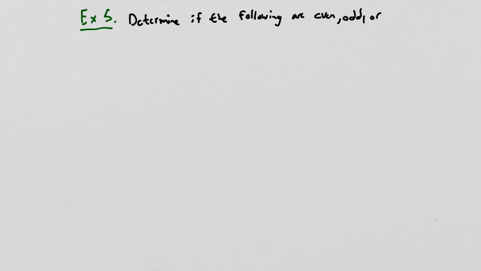So this is going to be example 5. What we want to do is determine if the following functions are even, odd, or neither. Our first function, we're going to have f of x is equal to x to the 5th plus x.